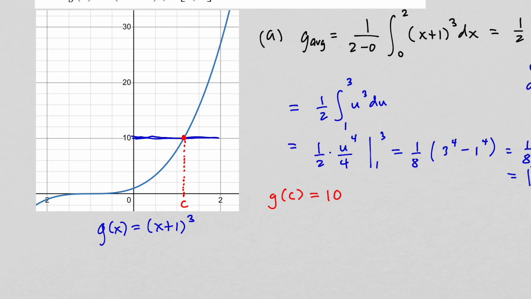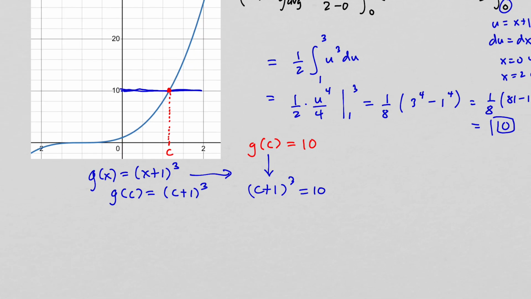If g of c is equal to 10, well, think about what g of c is. G of c is just going to be (c plus 1) to the third power. So g of c is (c plus 1) to the third. That's equal to 10. And now to solve for c, we just take the cube root of both sides. This is going to give us c plus 1 equals the cube root of 10.